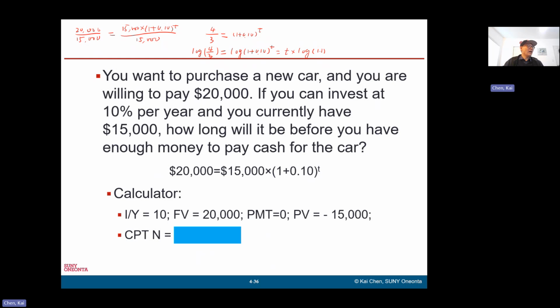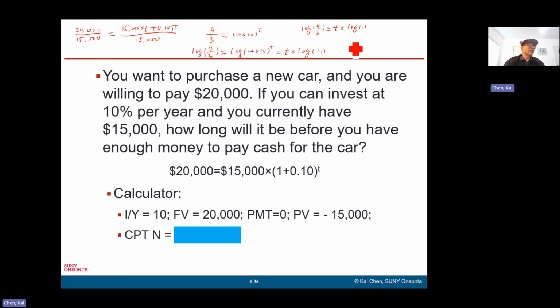Now we have this equation: log 4/3 equals t times log 1.1, right? And then we divide both sides by log 1.1.